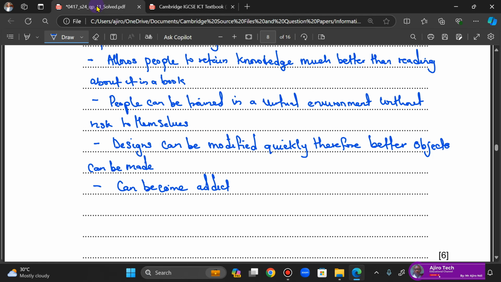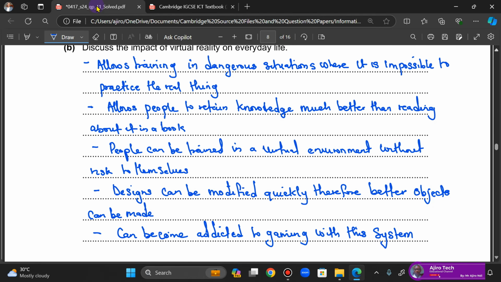Can become addicted to gaming with this system. So I have 1, 2, 3, 4, 5.